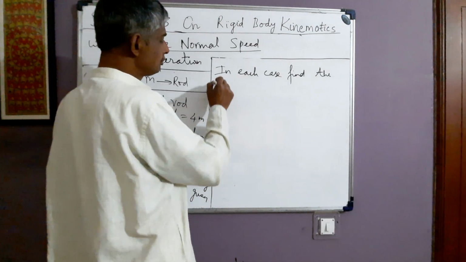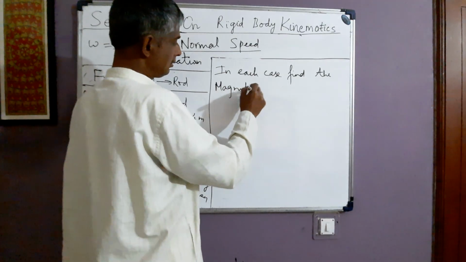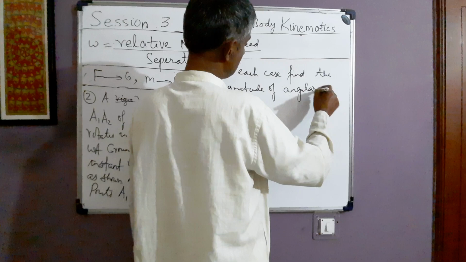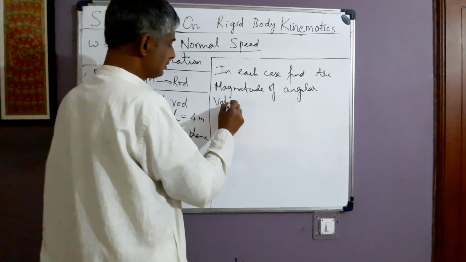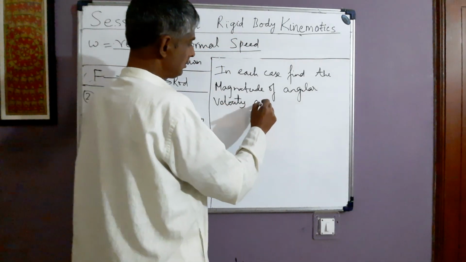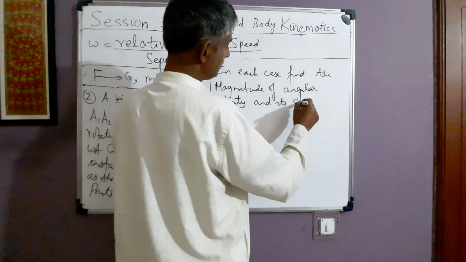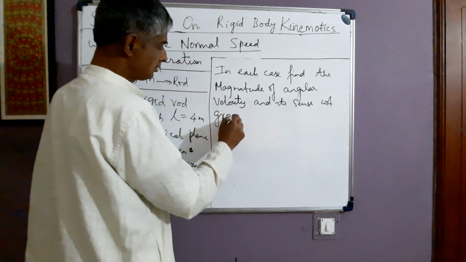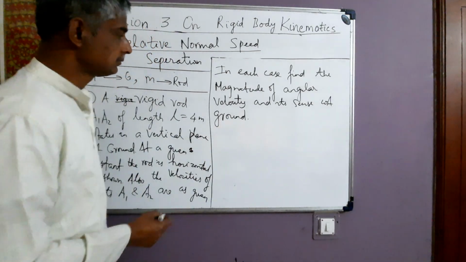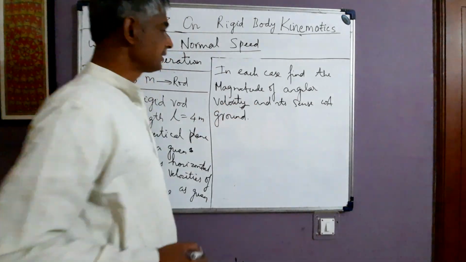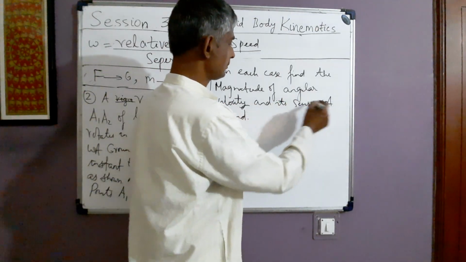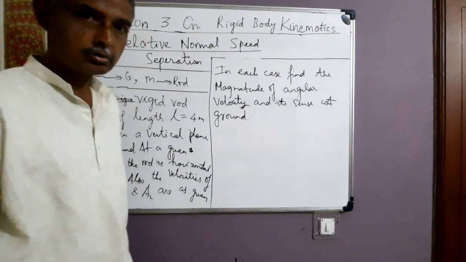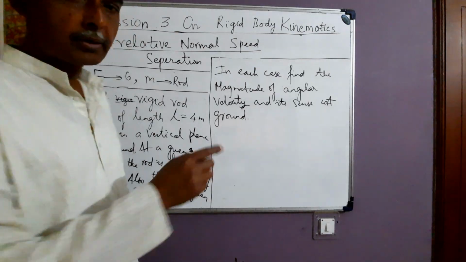Find the magnitude of angular velocity and its sense with respect to ground. Angular velocity and its sense with respect to what? Ground. Okay. In this question there will be 4 parts, A, B, C, D.